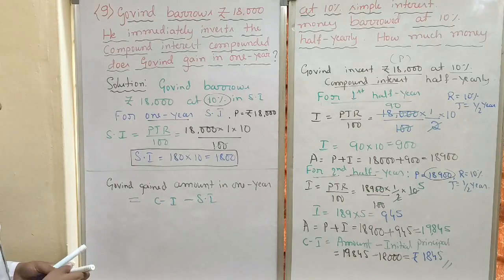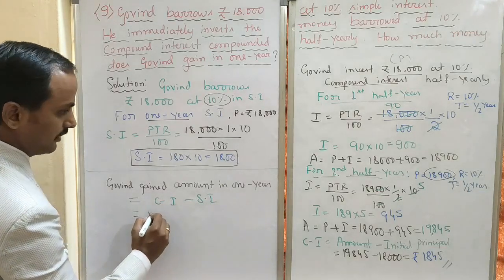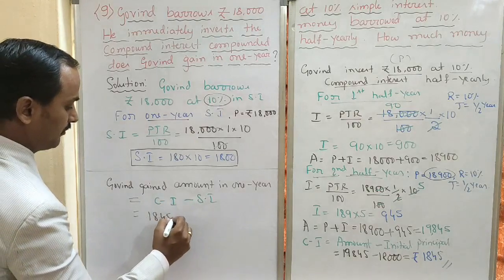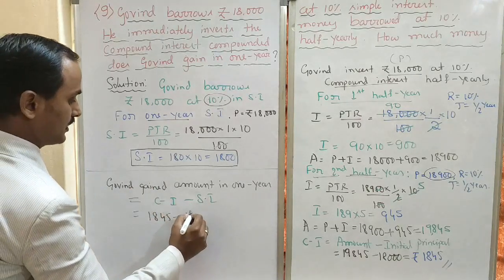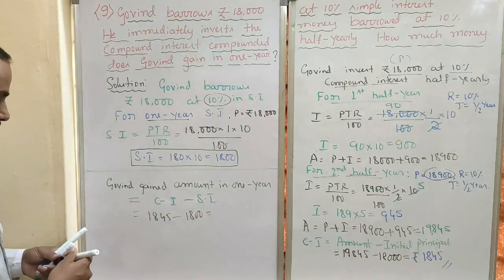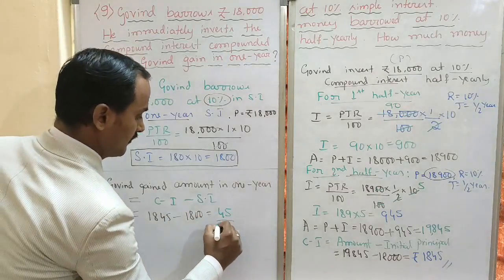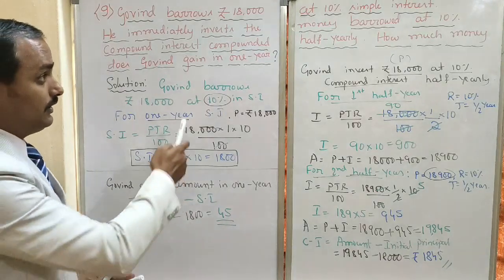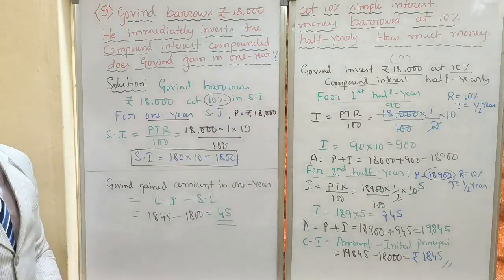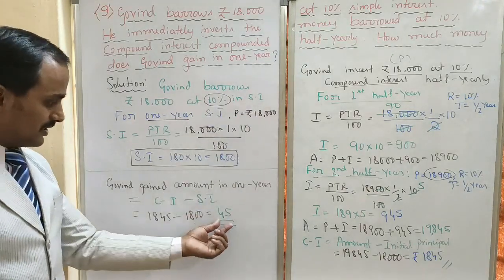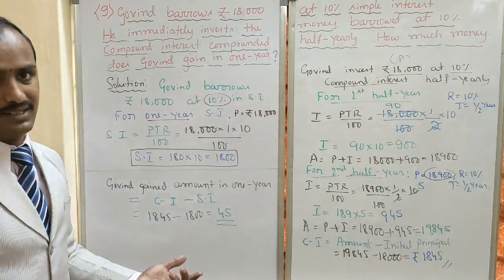Okay. Compound interest how much is it? 1,845 minus simple interest 1,800 is equal to, he gained only 45 rupees. Sir, for this much only he did this much business. Yes. See, brokers, for this small amount only they are doing the business. Understanding?